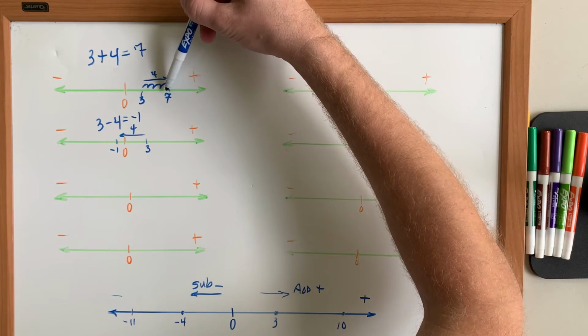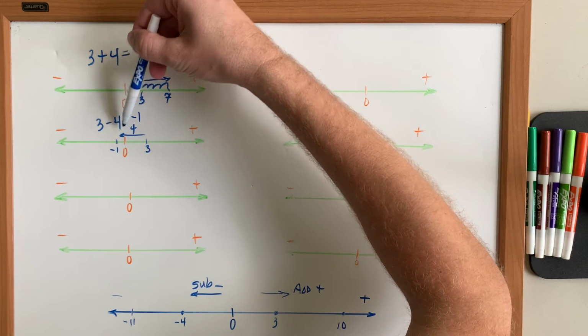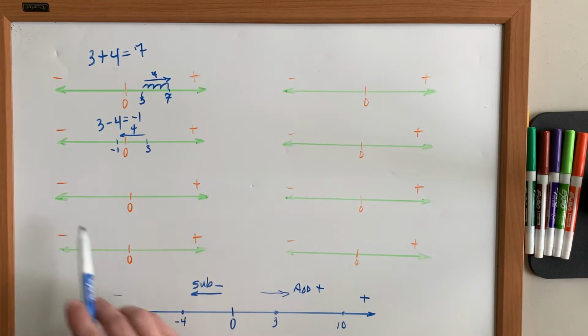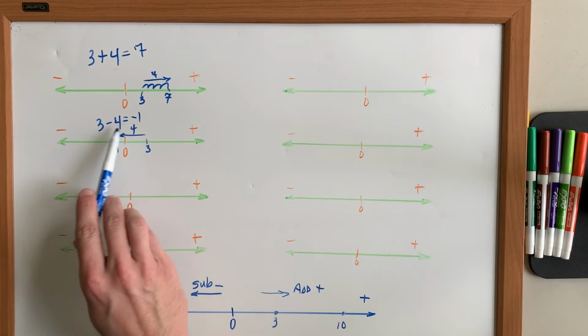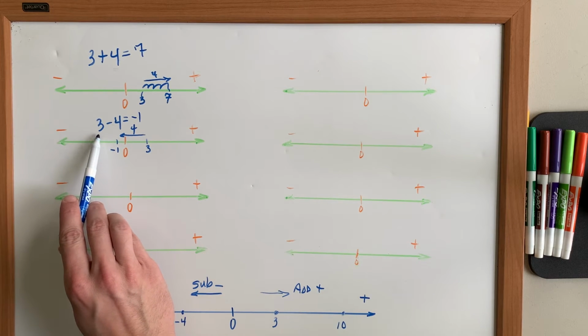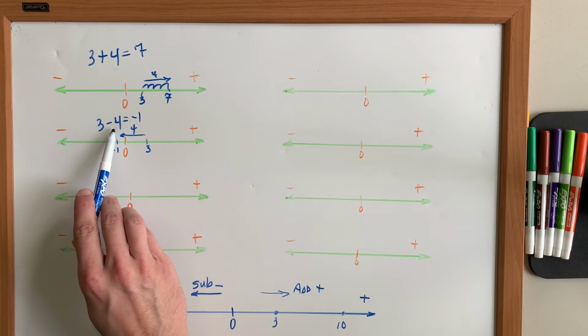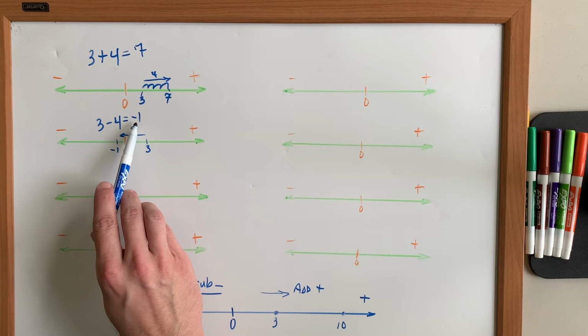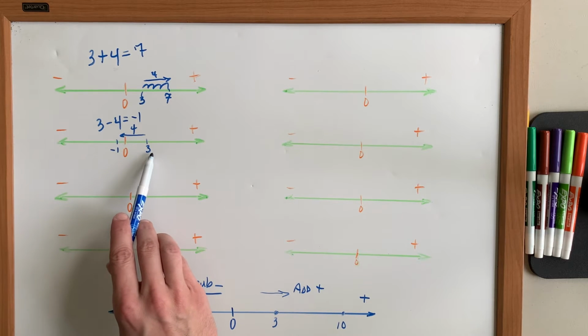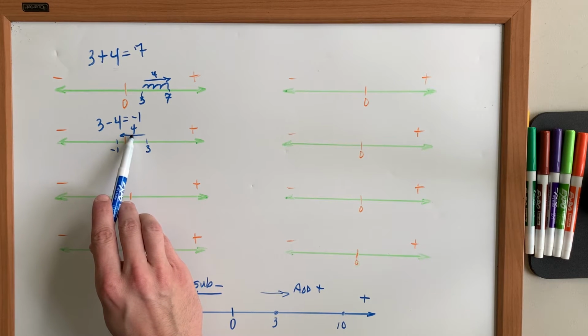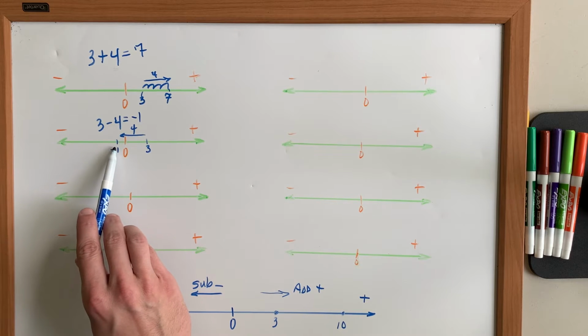We landed on 7, and here we landed on -1. So you can look at these problems and say, where do I start on the number line? Which direction do I go and how far? And then my answer is going to be where I land. Where do I start? How far do I go, and in which direction? And where do I land?